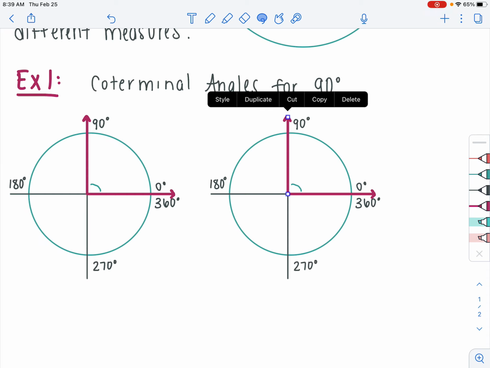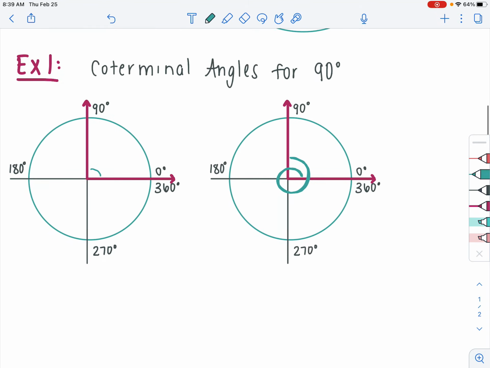To show that in a drawing, I traveled along here, and then I kept going. I spun it all the way around until I got back to 90 degrees. If I'm drawing a coterminal angle, the most important part is showing this curved angle measure that shows how many times I traveled around. If I wanted to add another 360 degrees, I would just keep drawing all the way around my circle.